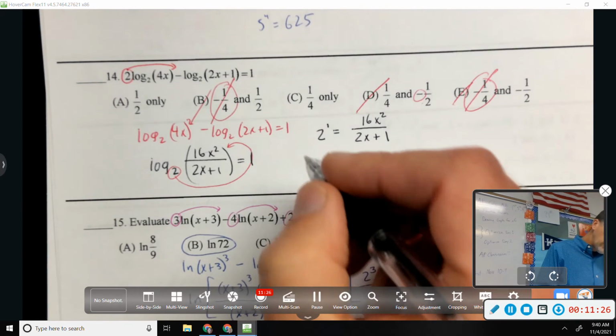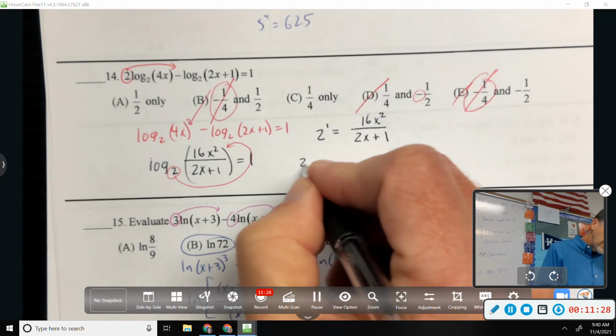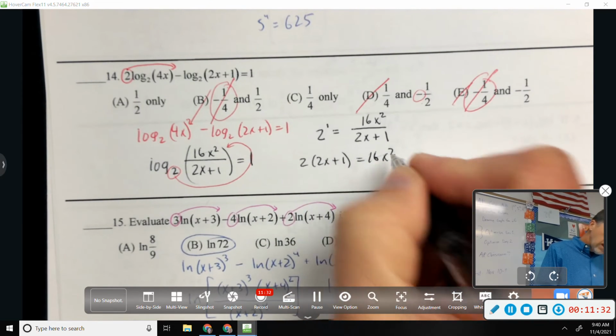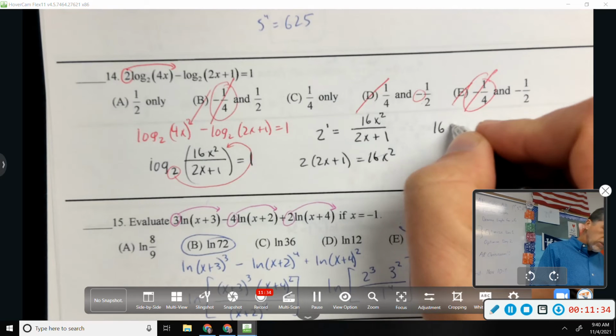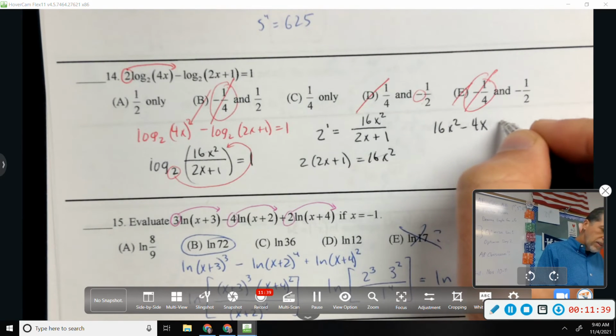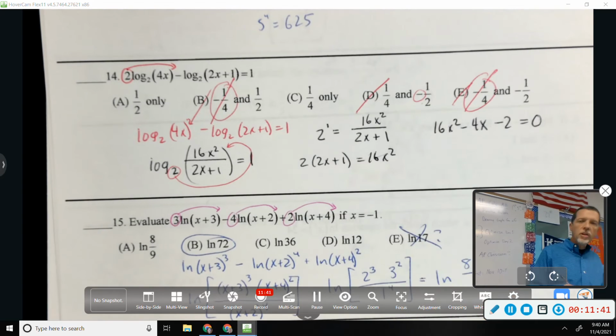Multiply both sides by 2x plus 1 to get it out of the denominator. So 16x squared minus 4x minus 2 equals 0. Right, I distributed the 2 and then subtracted it over.